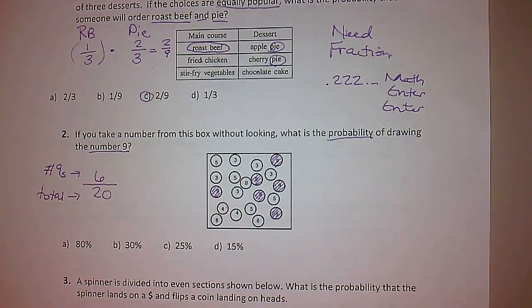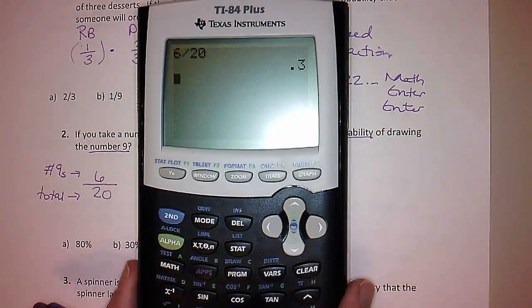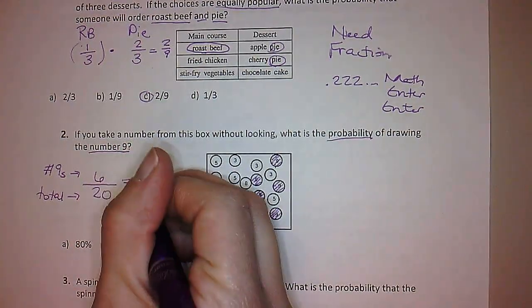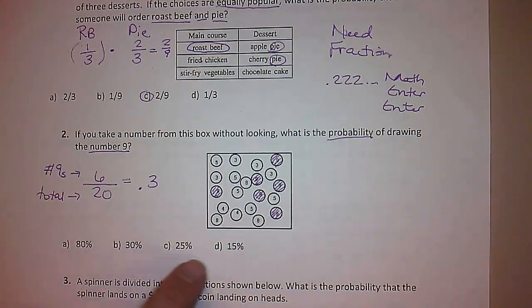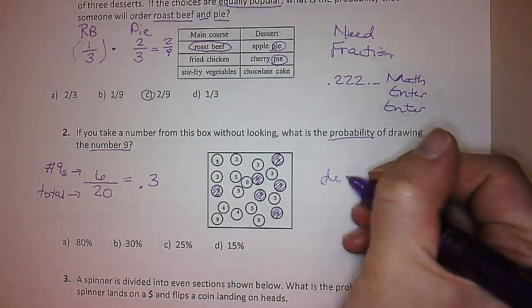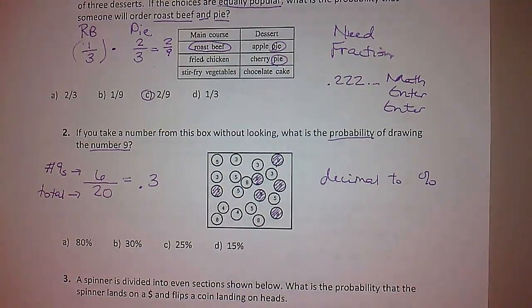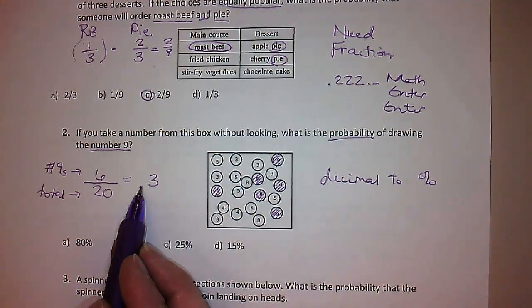Now, I can type this in to my calculator, 6 divided by 20, and I can get my decimal, which is 0.3. Now, unfortunately, that still isn't an answer choice here. And so if you remember from previous math classes, if you're going from a decimal to a percent, what do you do with this decimal place?